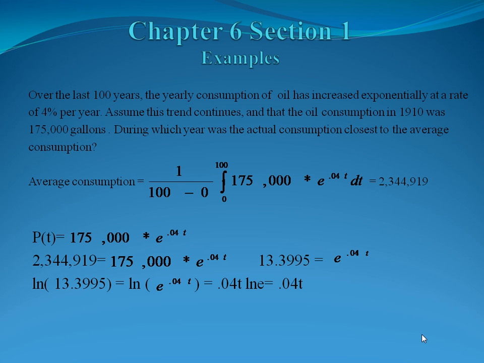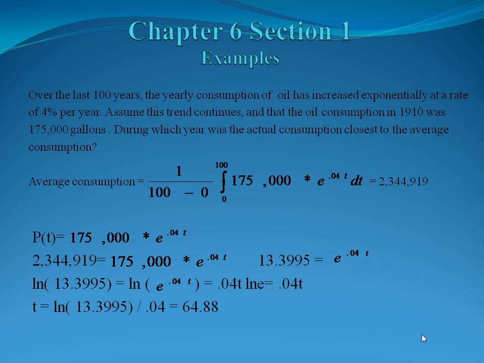We also remember that the natural log of e is just 1. So the natural log of 13.3995 will equal 0.04t. So if we divide both sides by 0.04, we get t equals 64.88. Well, time is in years, so that's years since we started measuring.